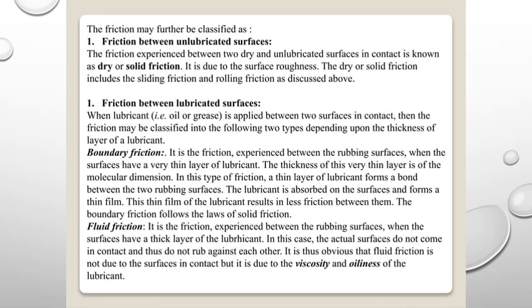That is boundary friction, which is friction experienced between rubbing surfaces with a very thin layer, and fluid friction, which is friction experienced between rubbing surfaces when the surfaces have a thick layer of lubricant.